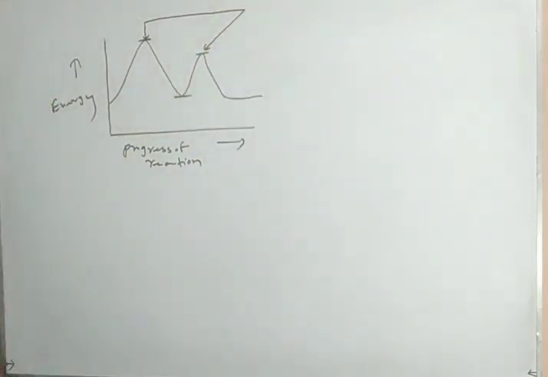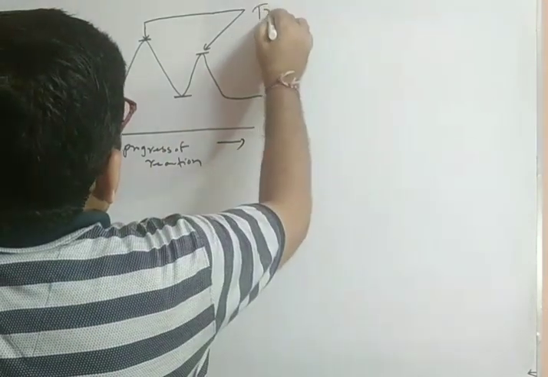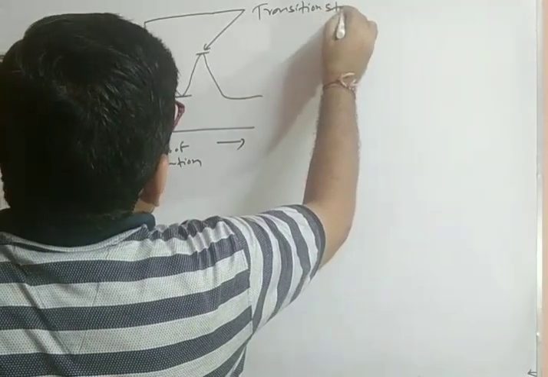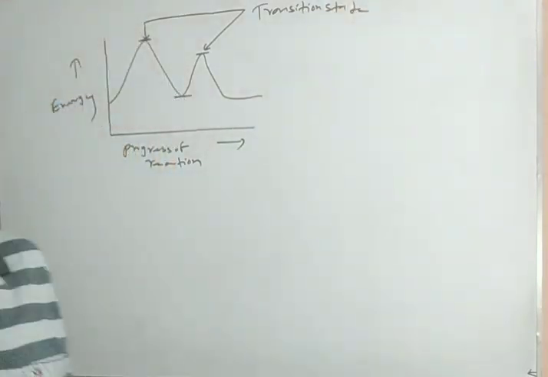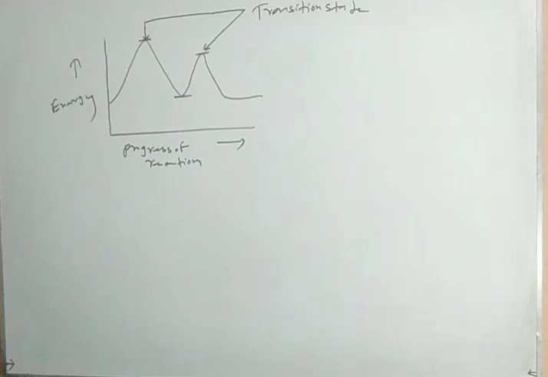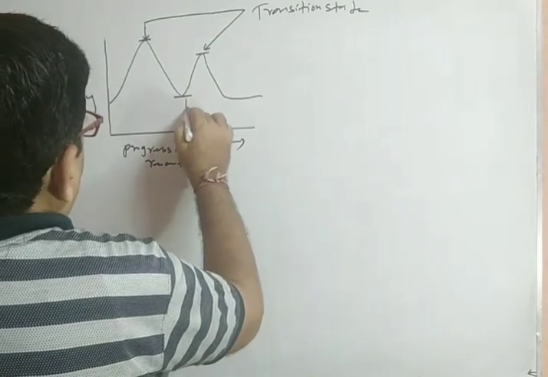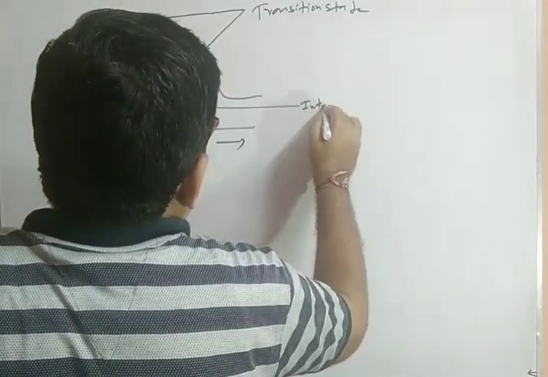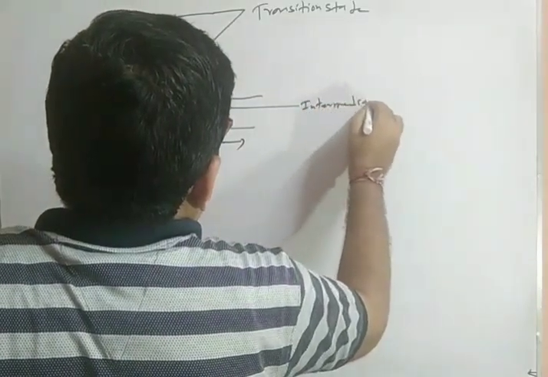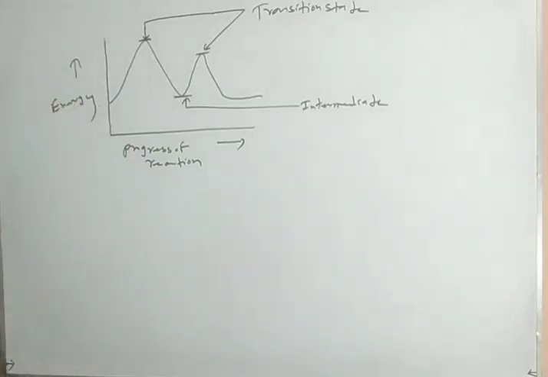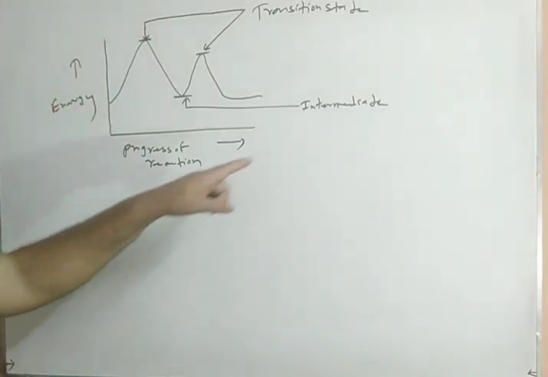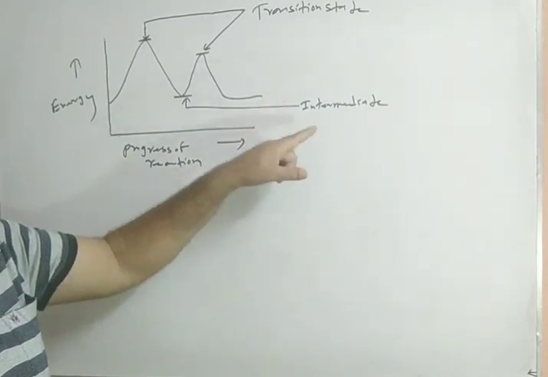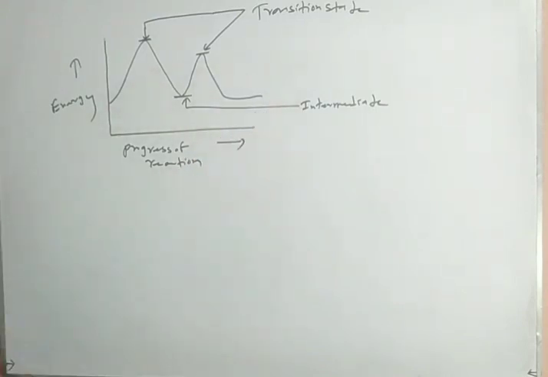Such are said to be what? Transition state. This is called what? Intermediate. So if intermediate is possible, then we can draw the mechanism of such pattern of reaction.